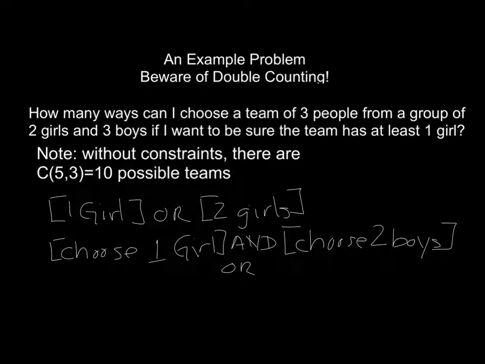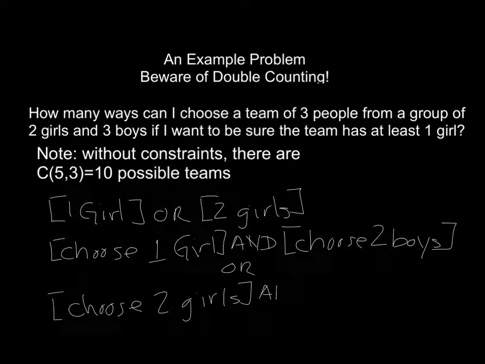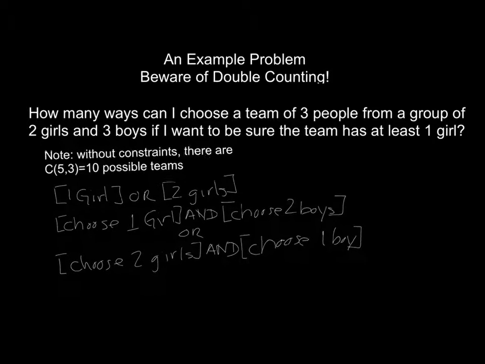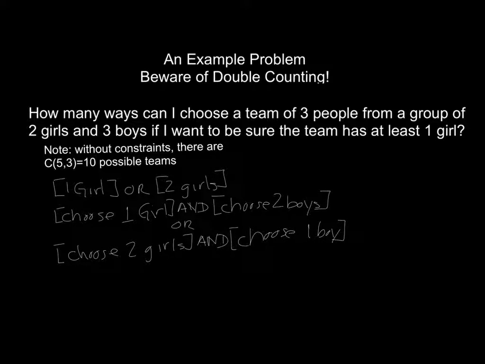Our second case is we choose 2 girls, and we choose 1 boy. I have to shrink this to give myself a little more space. So choosing 1 girl, there are 2 girls, choose 1, and choose 2 boys from 3 choose 2.